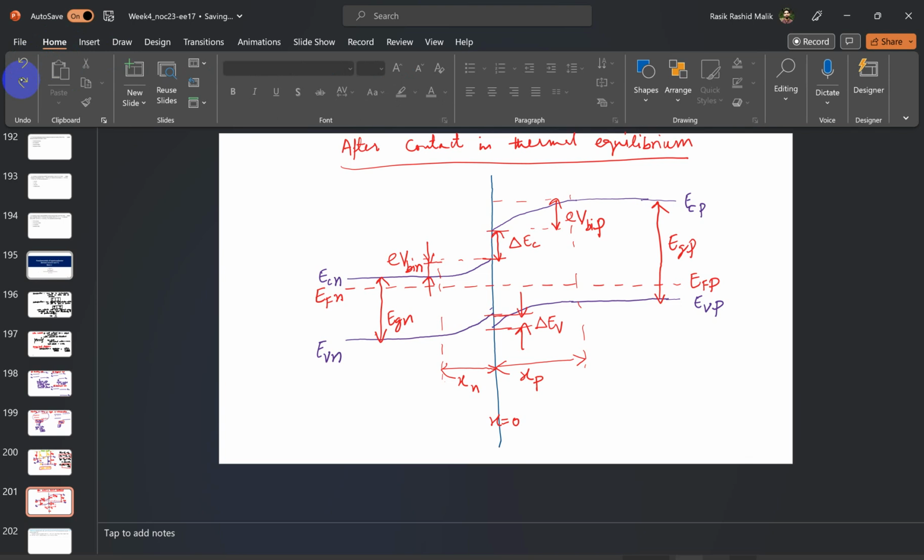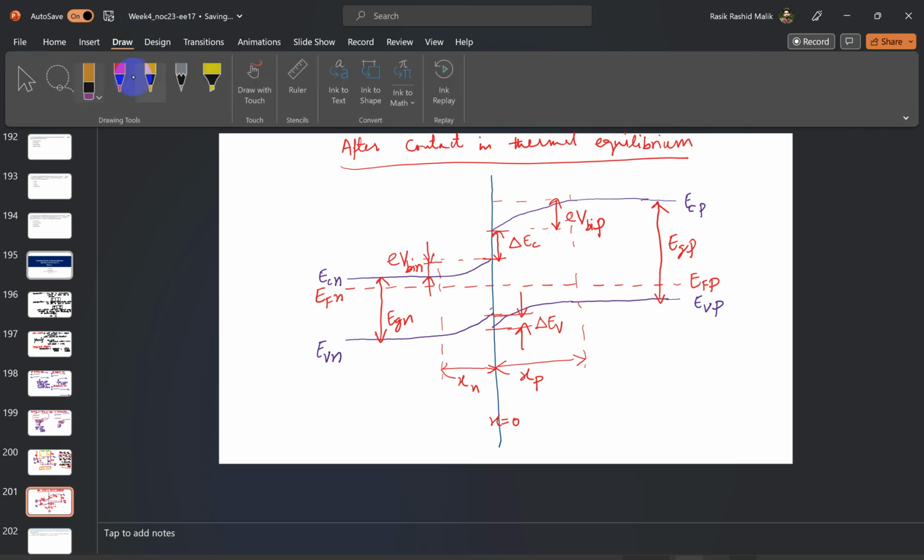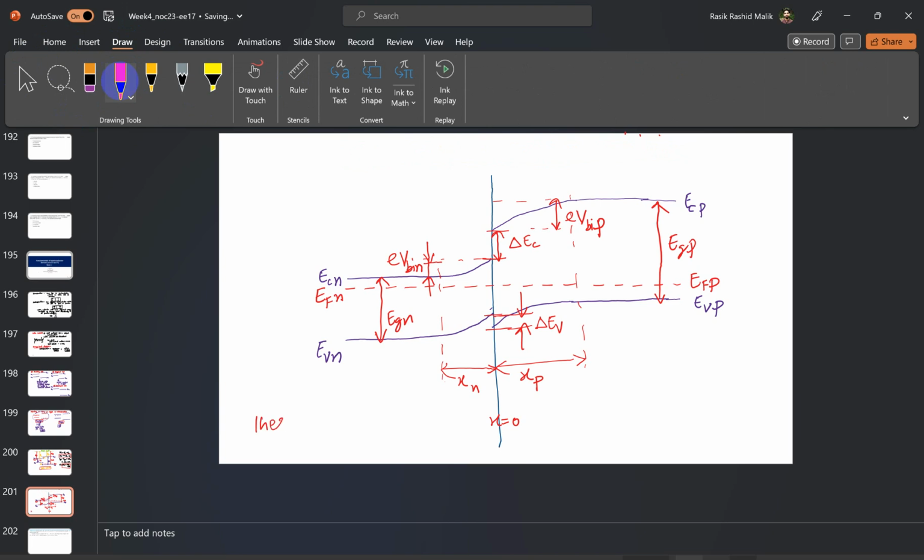So let me erase it here so that I can draw the vacuum level, and I will write this is the case of thermal equilibrium, after contact.